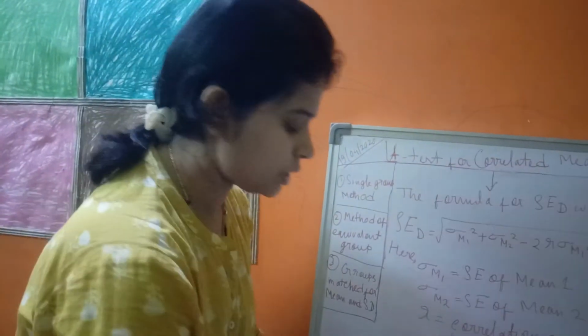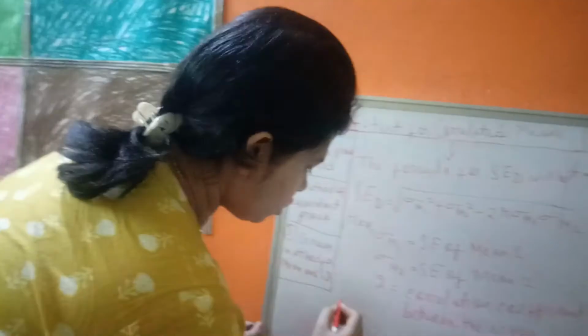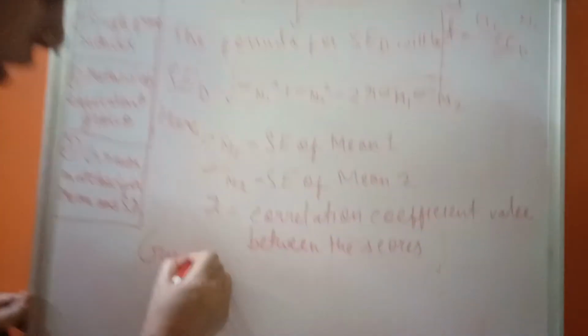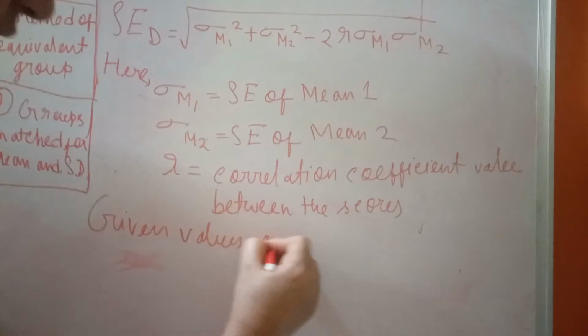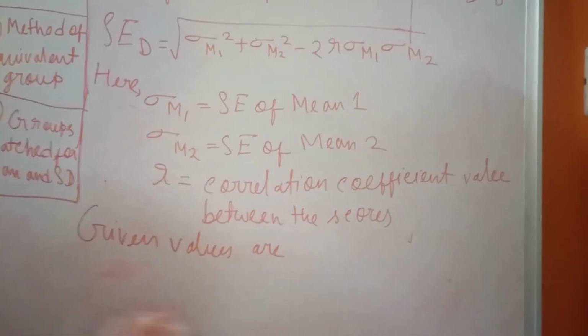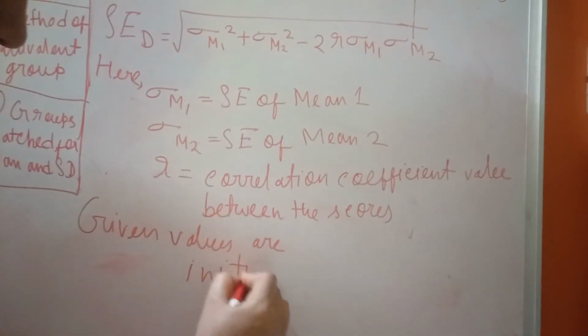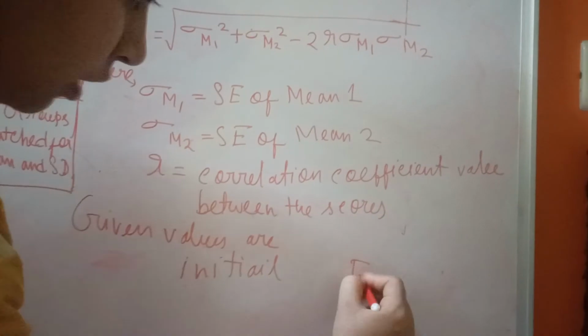So you can see in the given question, the given values are for initial and final.